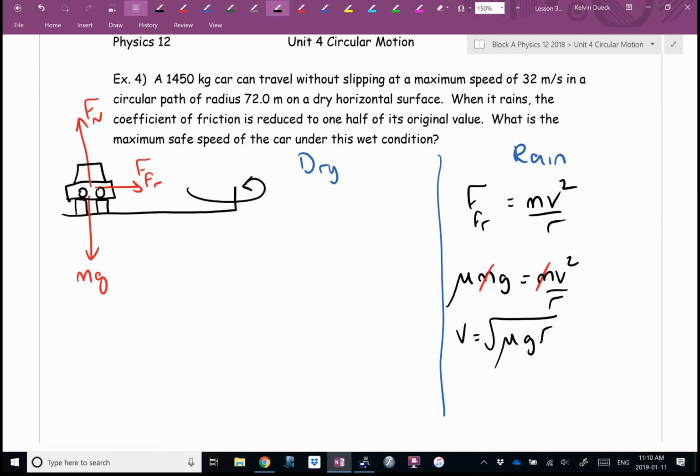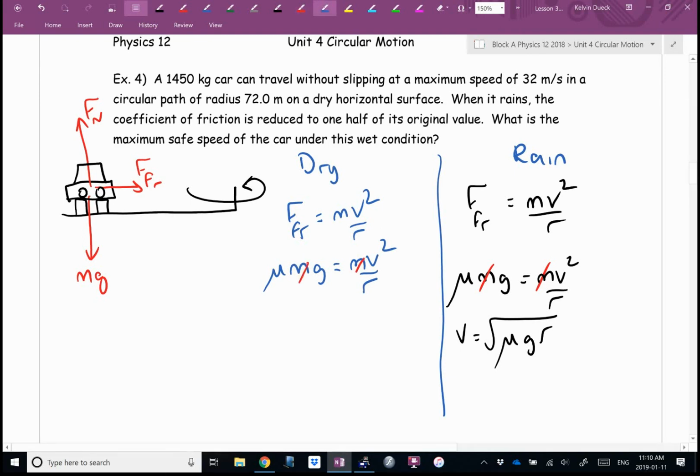So we're going to end up with friction equals mv squared over r. In fact, again, we're going to end up with mu mg equals mv squared over r. Hey, Johnny! But this time we're going to get the mu by itself.